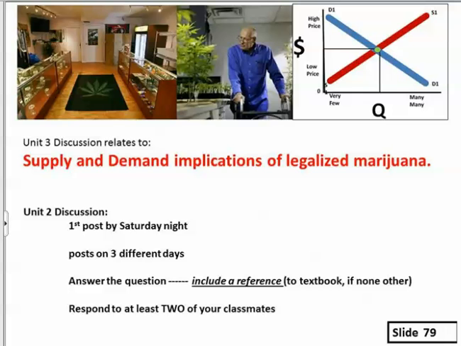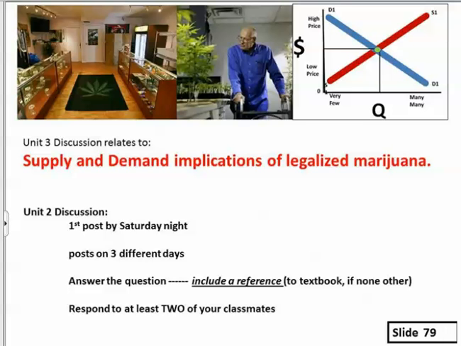Okay, so this week's discussion thread is something that many of you may find interesting. It deals with what are the supply and demand implications of legalizing marijuana, something that we're going through right now in Florida. It's up for vote for medical marijuana. The question really centers on recreational marijuana, and if you do some internet searching, you'll find out that Colorado and, I think it's Oregon, anyhow, a couple places have gone to legalize marijuana.